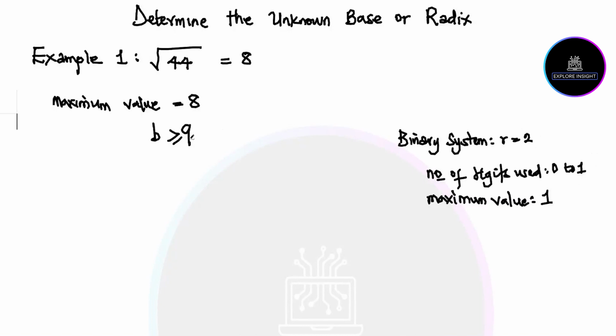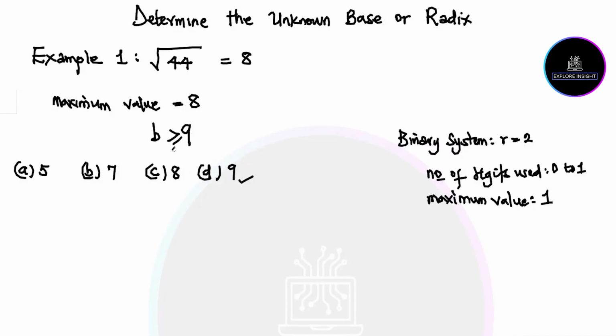Now, let me make reference to what we have in our last video. If we increment the maximum value by 1, it will be considered as the base of that system. So, if you are given options as A being 5, B as 7, C as 8, and D as 9, we could say that the answer will be D. Yes, because if we have the base to be 9, it means we can have 8 as part of the digits.